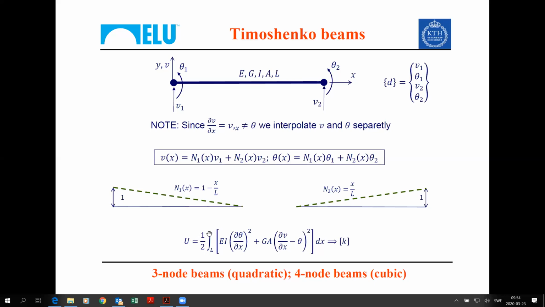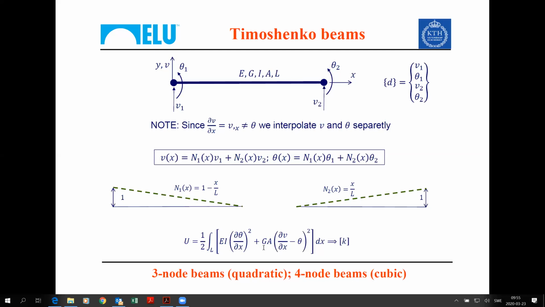The strain energy will be an integral from 0 to L of EI times (dθ/dx) squared plus GA times (dV/dx minus θ) squared. This one comes from epsilon x. This one is gamma xy, the shear strain.